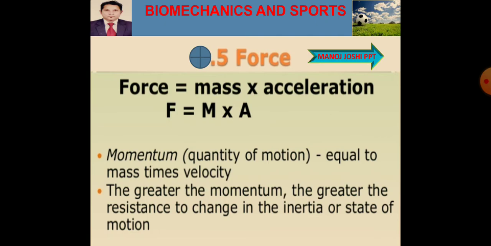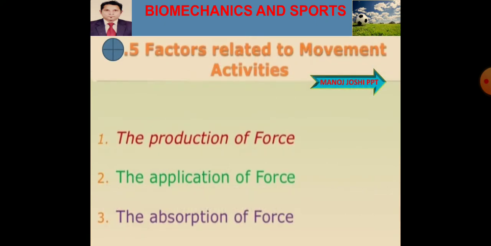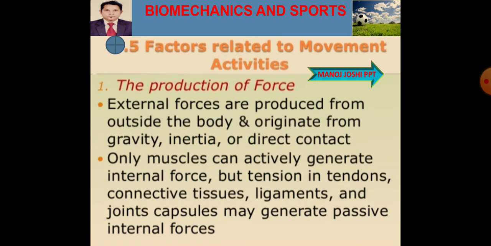The production of force, the application of force: these factors are related to movement activities. The production of force, how much force we are producing; the application of force, how we are applying the force; and the absorption of force, how much force is being absorbed by the object. The production of force we will see here. External forces are produced from outside the body and originate from gravity, inertia, or direct contact.